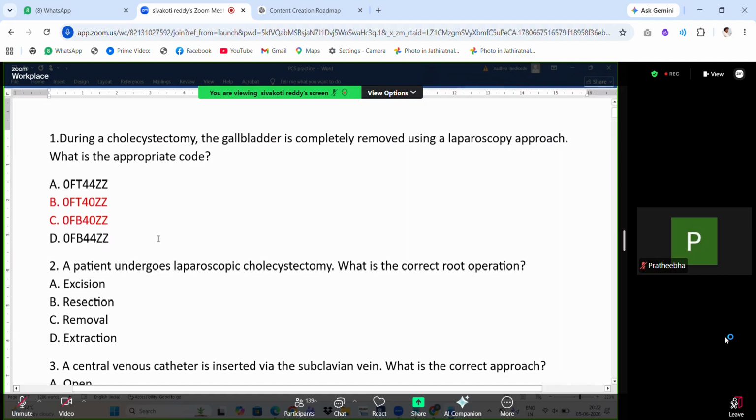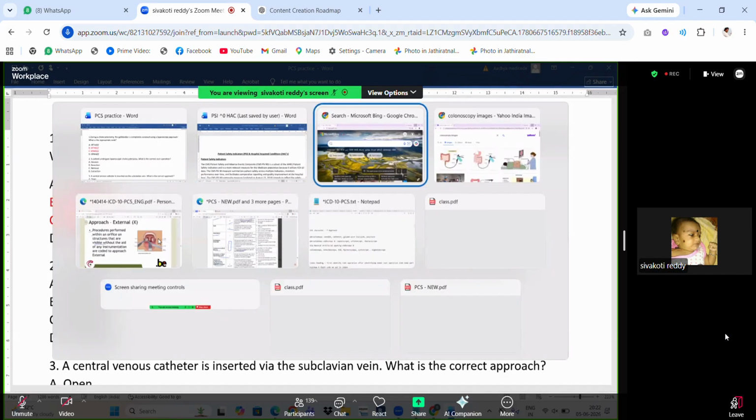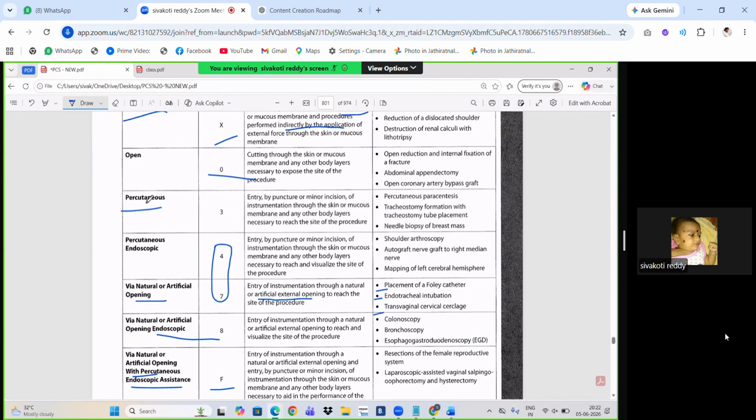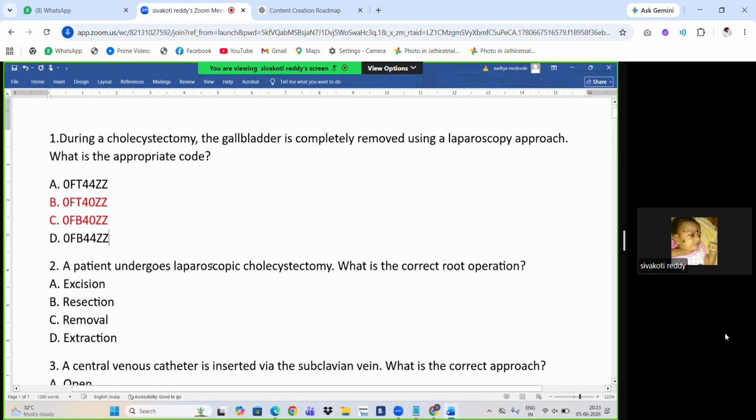You need to remember the values, okay? External 'X', open 0, percutaneous 3, percutaneous endoscopy 4. Like this, we need to mug up the values. Easily we can eliminate B and C, right? Now just A and D, you need to check, and you will get the answer.